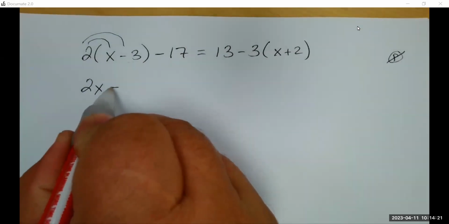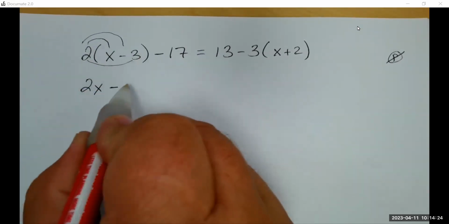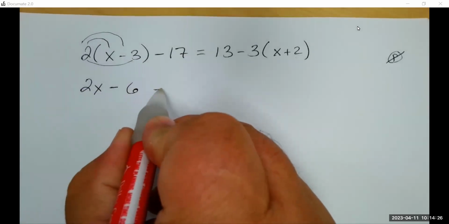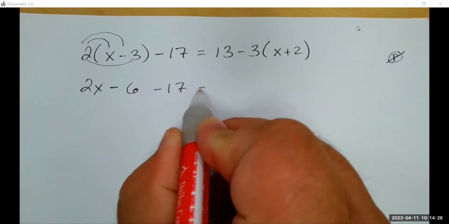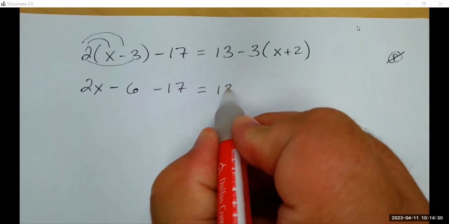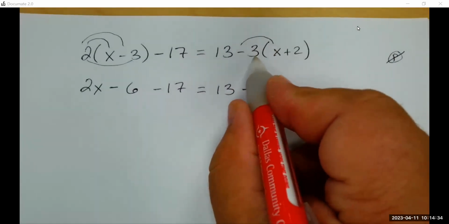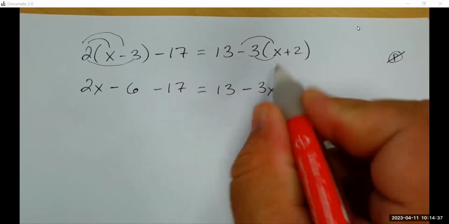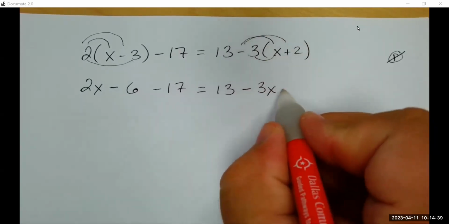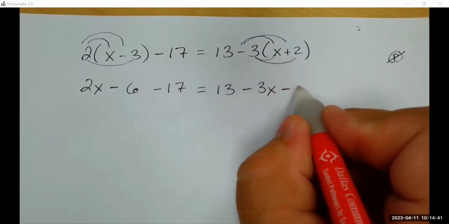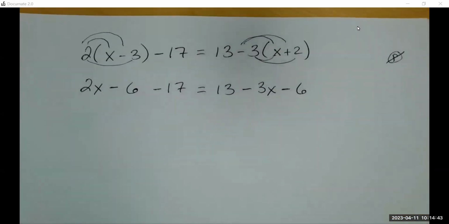Positive times negative is negative. 2 times 3 is 6. Minus 17 equals 13. Negative times positive is negative. 3 times x. Negative times positive is negative. 3 times 2 is 6.